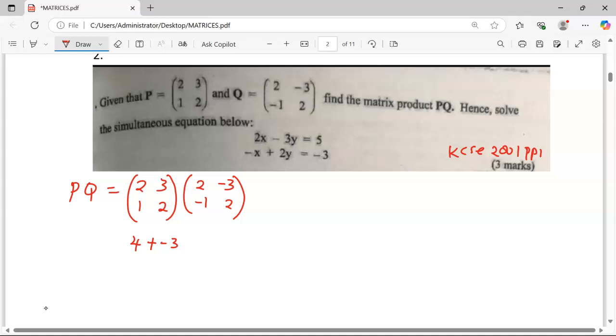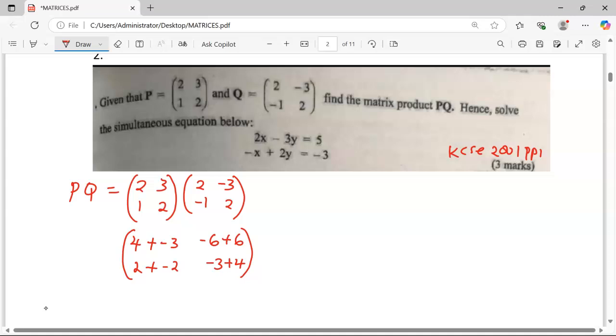Then the first row times second column, that is 2 times negative 3, giving us negative 6, plus 3 times 2, giving us positive 6. Then 1 times 2, you get positive 2, plus 2 times negative 1, you get negative 2. Then 1 times negative 3, you get negative 3, plus 2 times 2, giving us 4.